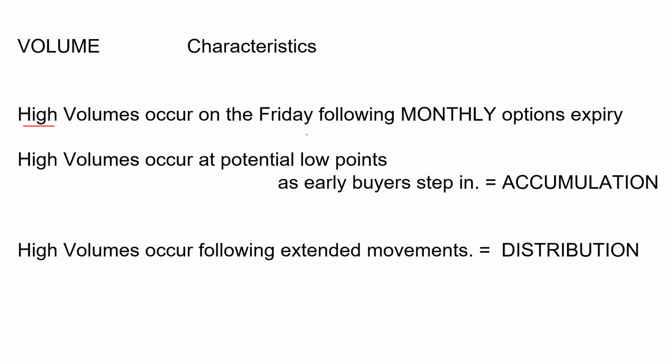You often see extremely high volume and you relate it to the price bar and you think there's no correlation. Often there's not. High volumes also occur at potential low points, as early buyers step in. This type of volume is accumulation. High volumes occur following extended moves, which is often referred to as distribution.